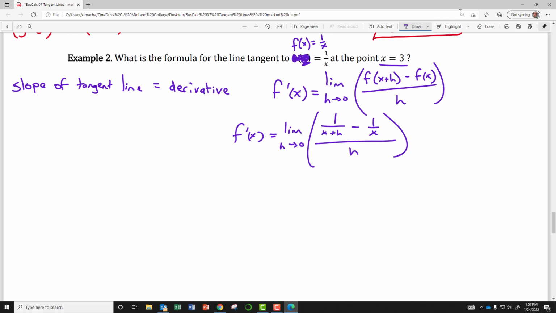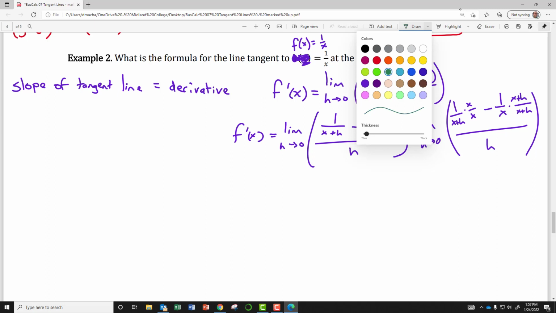In order to combine these fractions in the numerator, I'm going to multiply the left fraction by x over x, and then the right fraction by x plus h over x plus h. So I'm multiplying each fraction by the other's denominator. We're going to see how that turns out. So 1 over x plus h times x over x minus 1 over x times x plus h over x plus h.